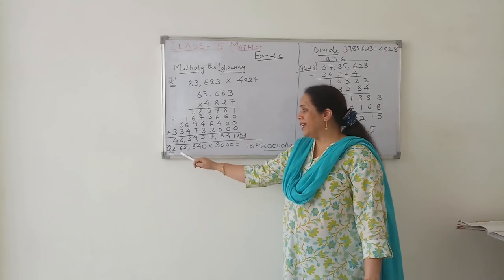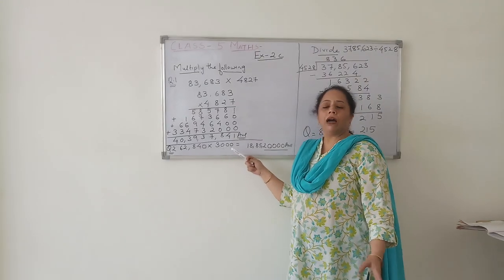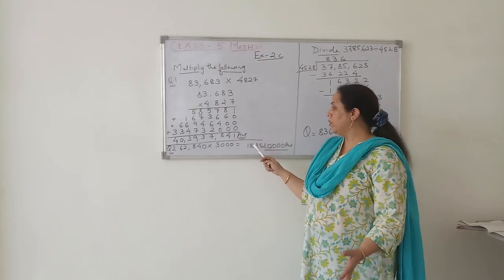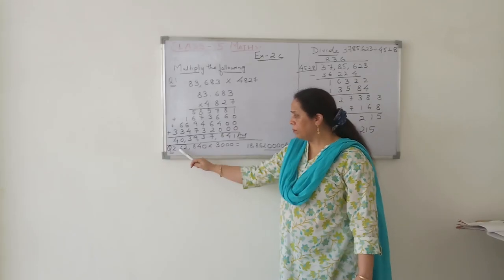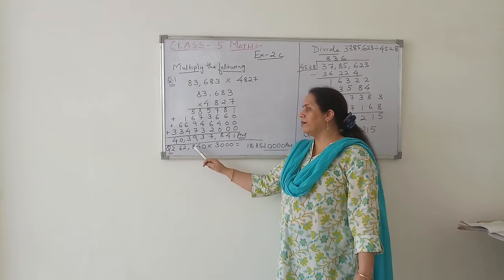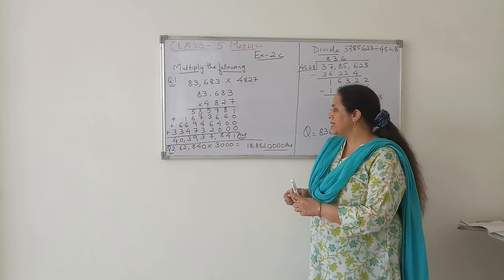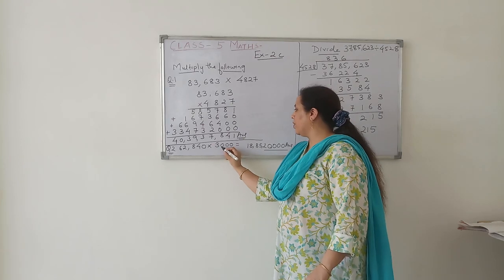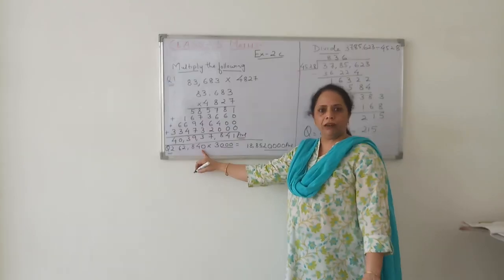And then the next question, when we will multiply by the thousands, hundreds, tens, we will just first write the zeros. Like in this number, we have 62,840 multiplied by 3,000. In this, we will write down the 3 digits first here and we will take 1 0 here.